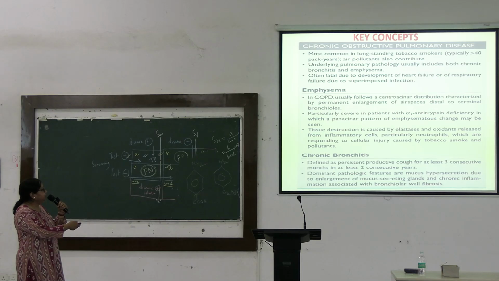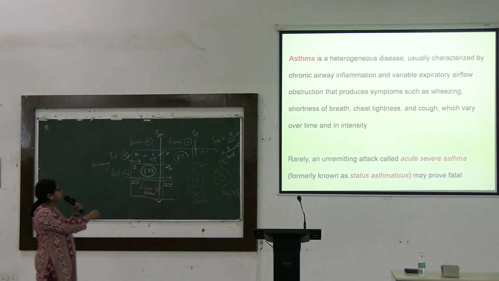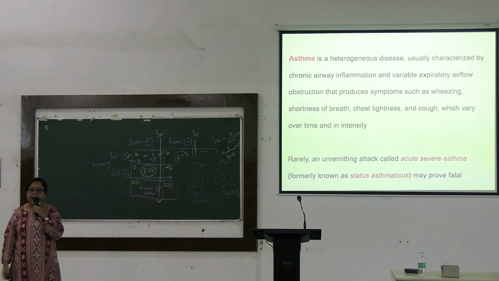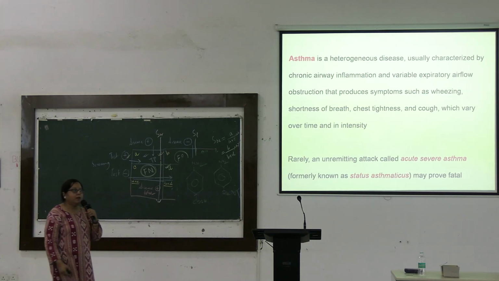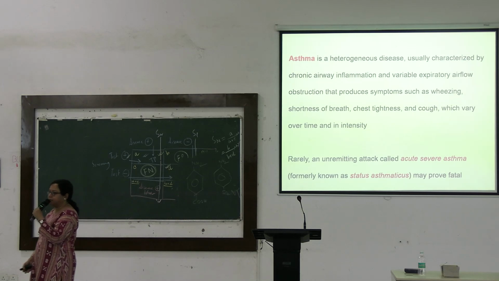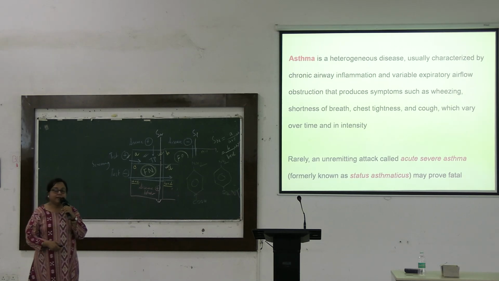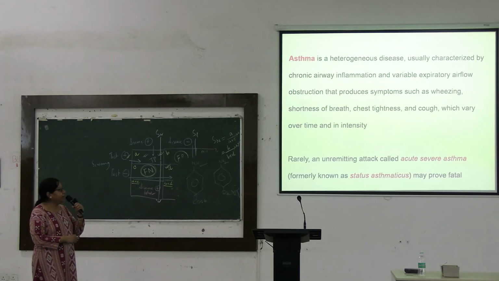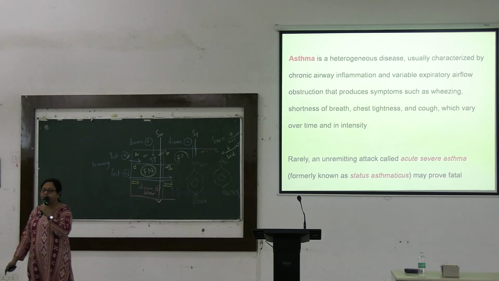So coming to the next obstructive airway disease, asthma. Asthma is very common. You have seen children suffering from asthma, elderly persons suffering from asthma. So what is the definition of asthma? It is a heterogeneous disease characterized by chronic airway inflammation and variable expiratory airflow obstruction.